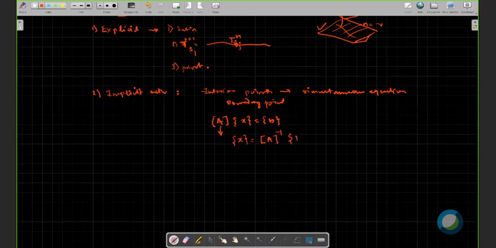That is the condition. When this matrix is invertible, there are certain conditions that need to be imposed so that we can calculate A inverse B and get the solution.